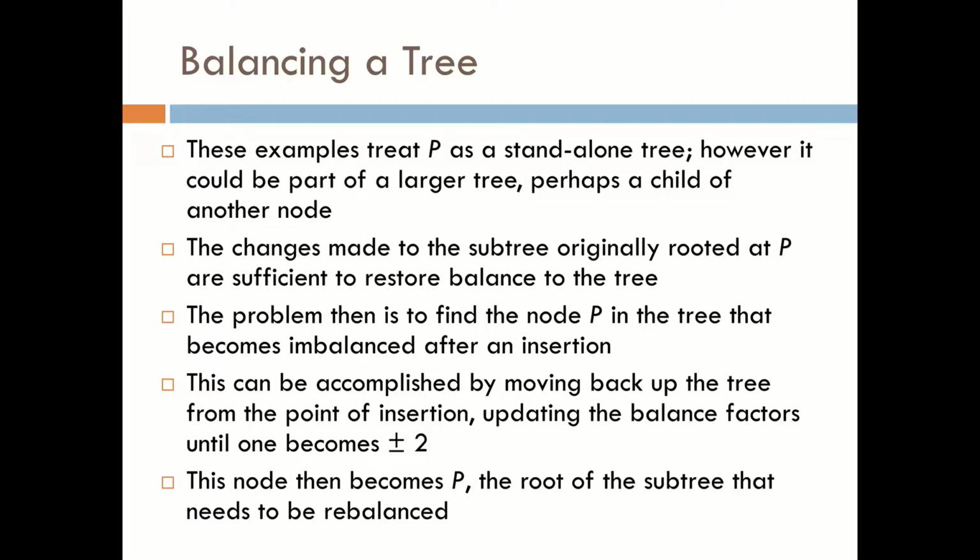Once we determine where the imbalance is, it's going to be enough to fix the lowest imbalance in the tree. That will fix other imbalances above it. Okay, so again, I'll demonstrate that when we go over a concrete example.